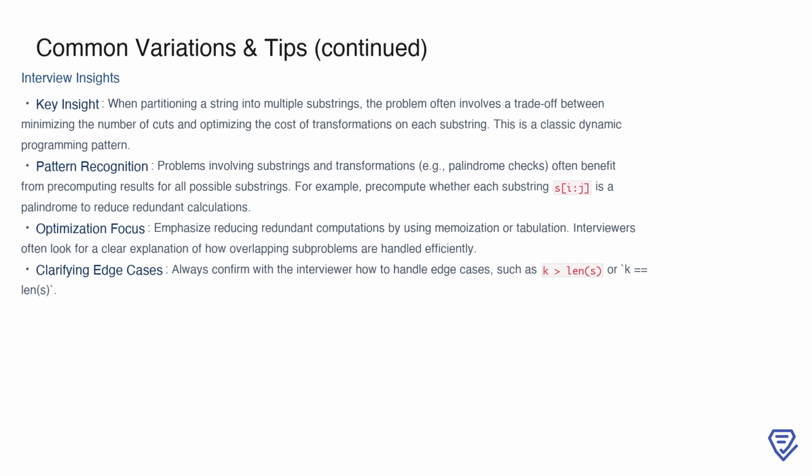For instance, pre-computing whether a substring is a palindrome allows you to avoid redundant calculations later. Additionally, interviewers often focus on your ability to reduce redundant computations using memoization or tabulation, so it's important to articulate how overlapping subproblems are handled efficiently. Finally, when discussing edge cases, always clarify scenarios like k > len(s) or k equals len(s) to ensure your solution aligns with the problem's constraints.